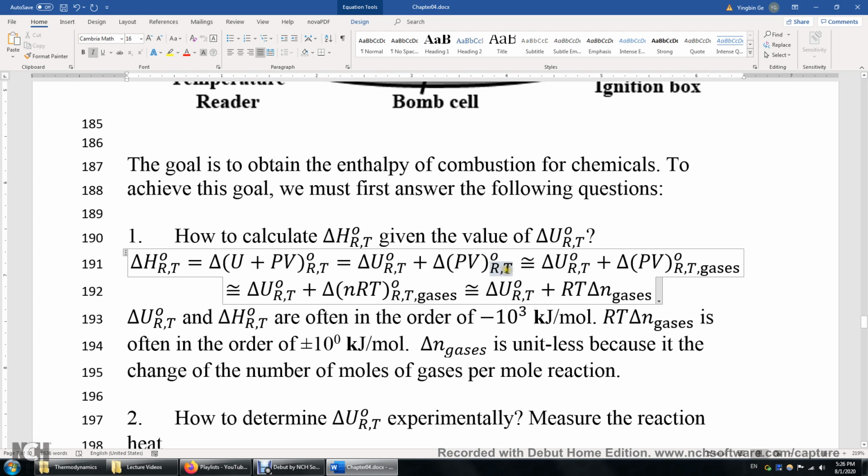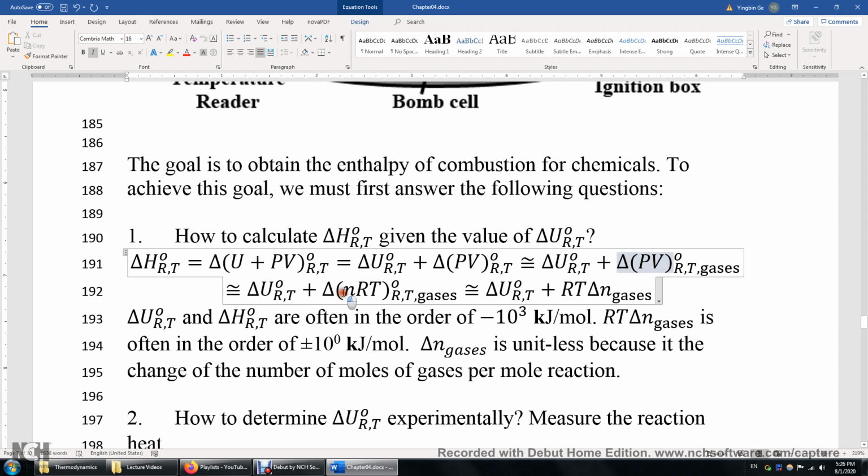So we just need to worry about the PV change of the gases. The reason is as follows. We can use the PV equals nRT approximation here, right? Of course, it's not going to be accurate because real gases are involved. However, this approximation is good enough for this purpose.